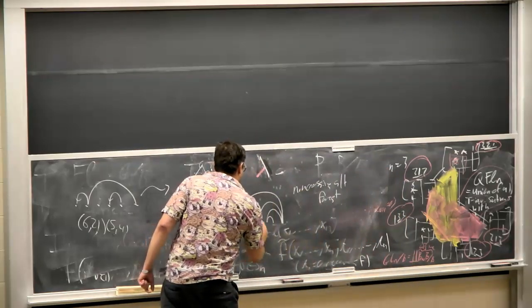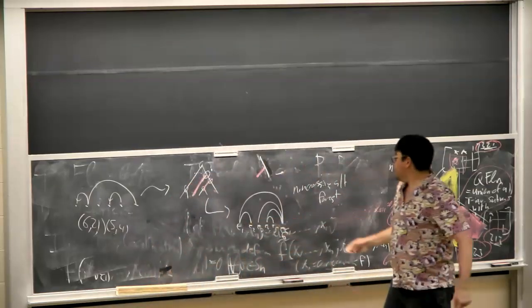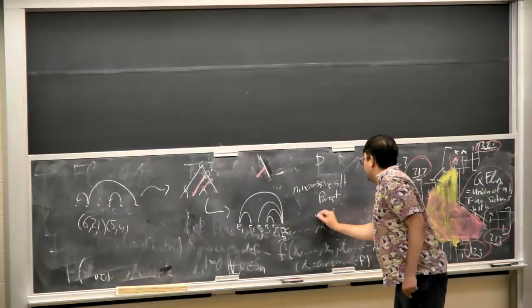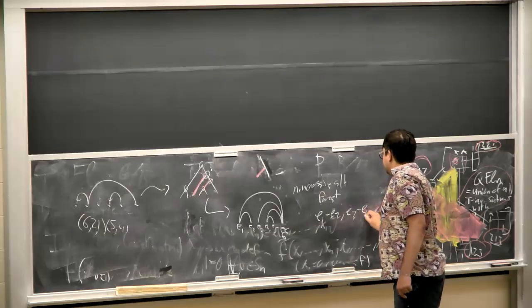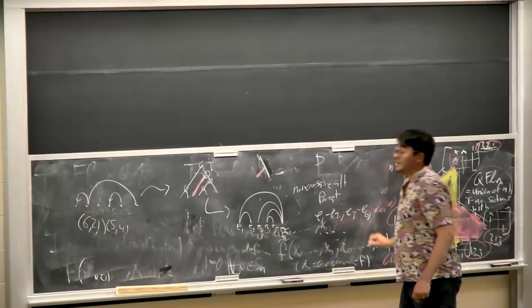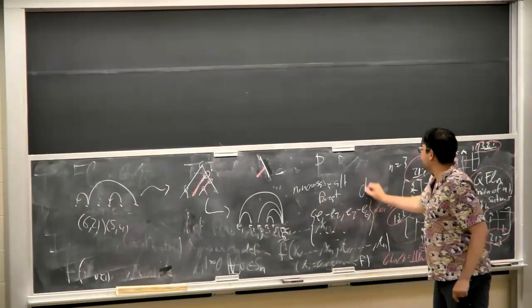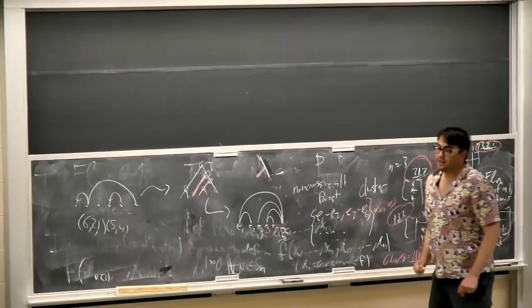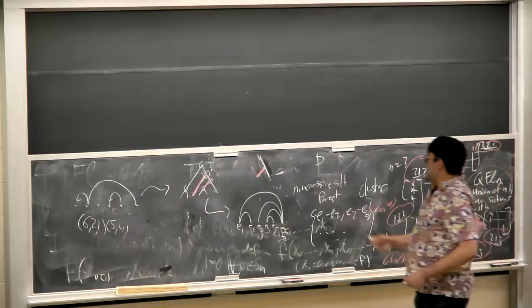E1, E2, E3, E4, E5, E6, and these tell me what the roots are. E1 minus E2, E3 minus E6, etc. So this is a cluster. It's a type A cluster with respect to that Coxeter element in the sense of Fomin and Zelevinsky.